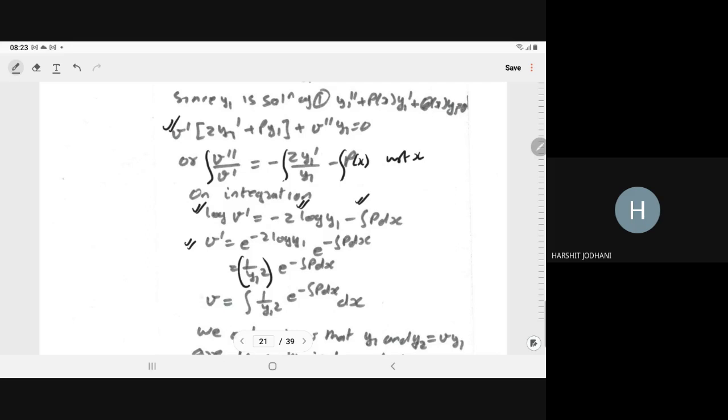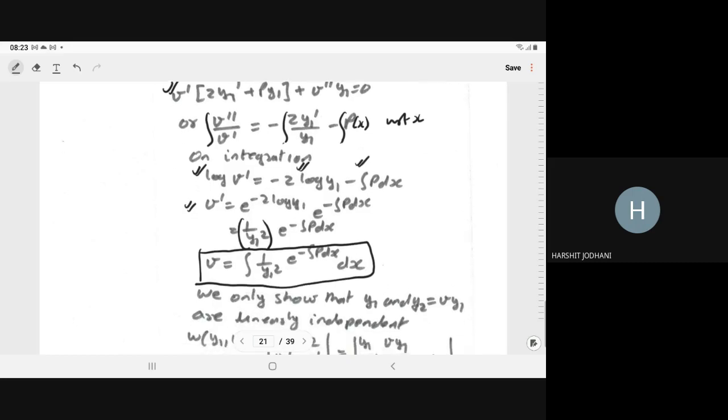Just integrate on both sides with respect to x. So v will come: integral 1 upon y1 square e to power minus integral p dx with respect to x. So that is the formula with which you can determine the second linearly independent solution.